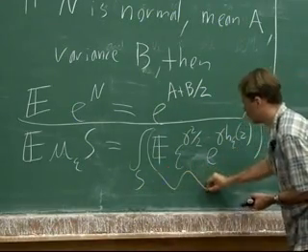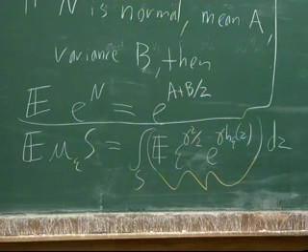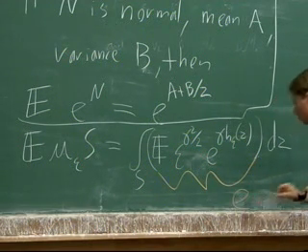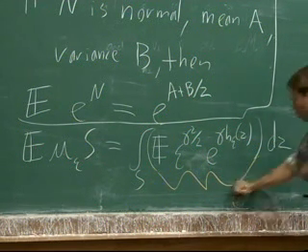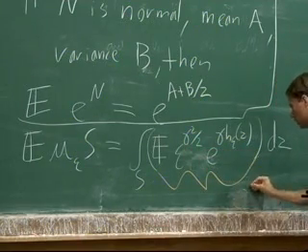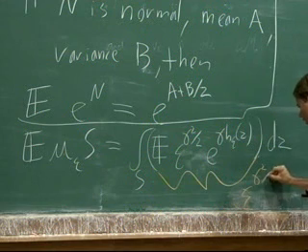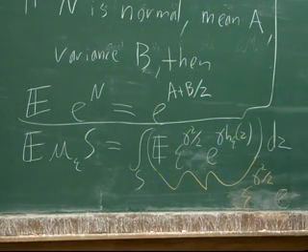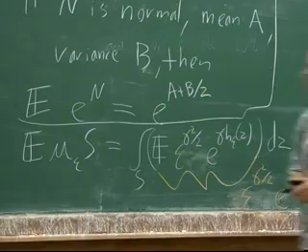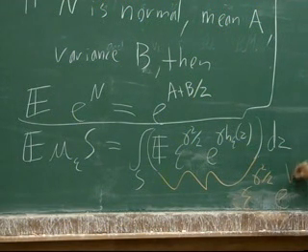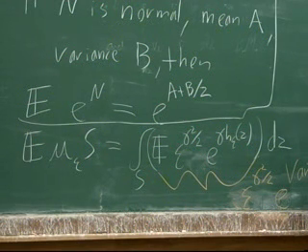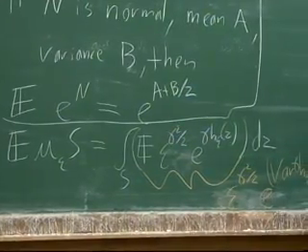So this piece in here is simply epsilon to the gamma squared over 2 times e to the variance of gamma h sub epsilon of z over 2.